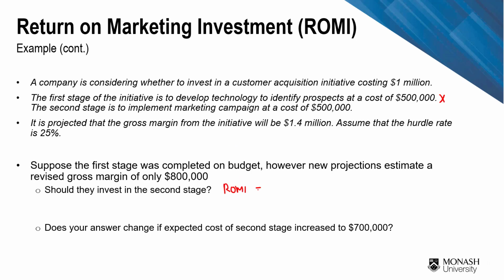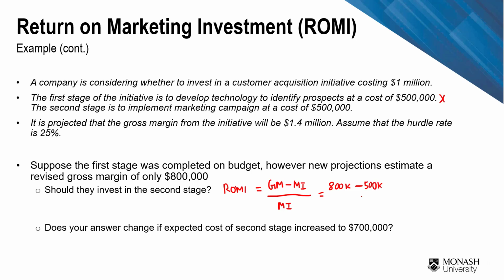So my ROMI is equal to gross margin minus marketing investment, divided by marketing investment. My gross margin is going to be 800,000, because we have updated 1.4 to 800,000. So 800,000 minus my MI, which is marketing investment, is not 1 million anymore, but it's going to be 500,000. Why?